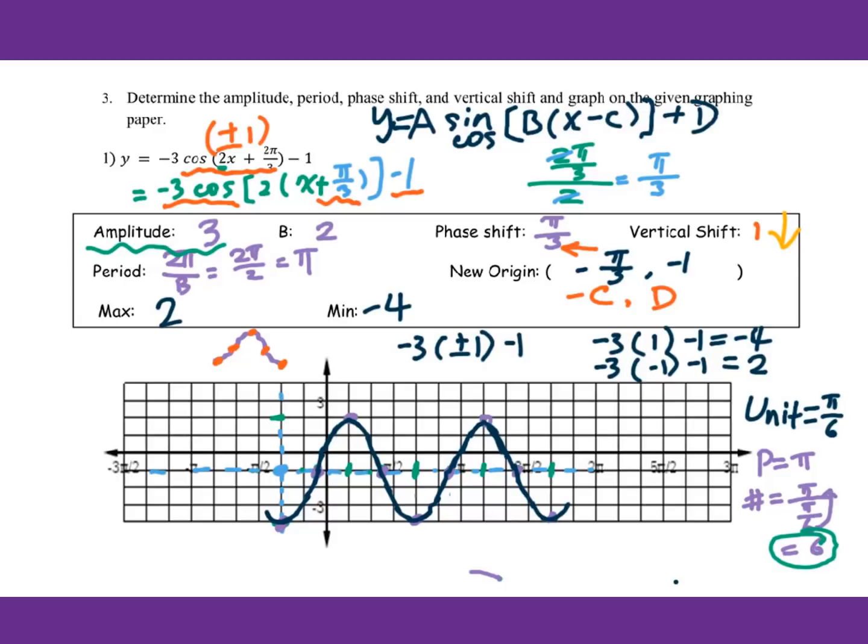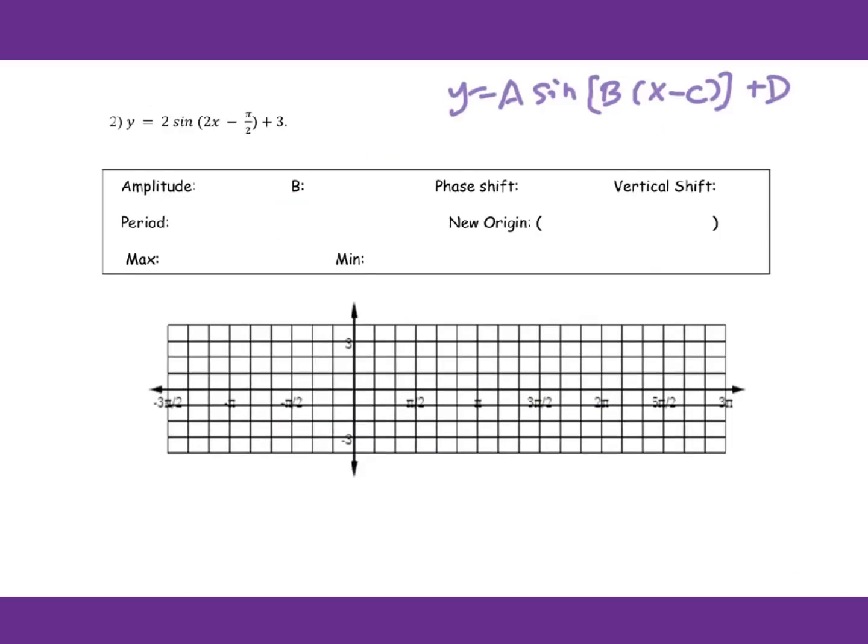Here's the graph for y equals negative 3 cosine 2x plus 2 pi over 3 minus 1. For number 2, y equals 2 sine 2x minus pi over 2 plus 3. First of all, we need to change the trig function into transformation form.